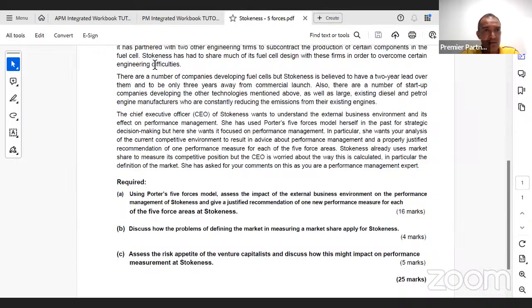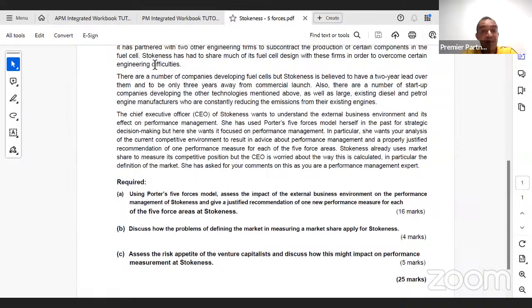Attractiveness of an industry, isn't it? Attractiveness of an industry means ability to make money in that industry. Profitability. Either you need to use the word attractiveness or the word profitability.